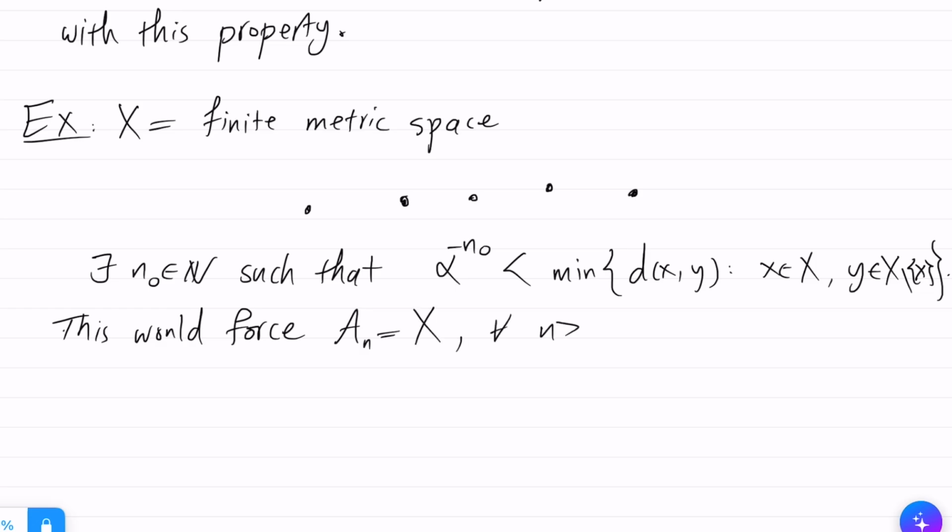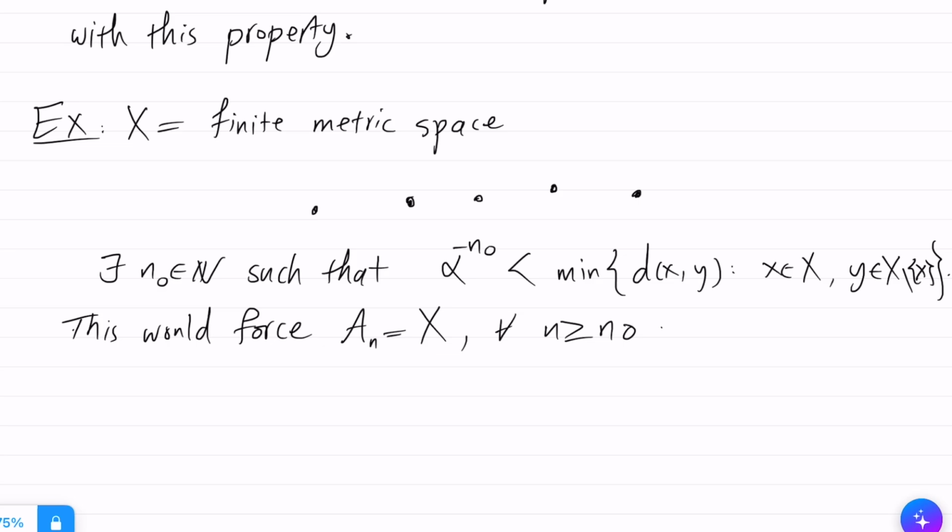So for every n bigger than or equal to n naught, even if you take all of your X, it is alpha to the minus n separated, and no smaller set will do because it's not maximal. So they will just become X forever.